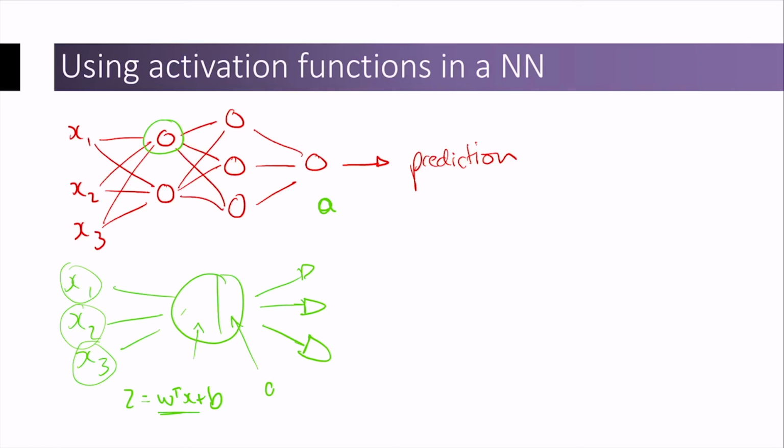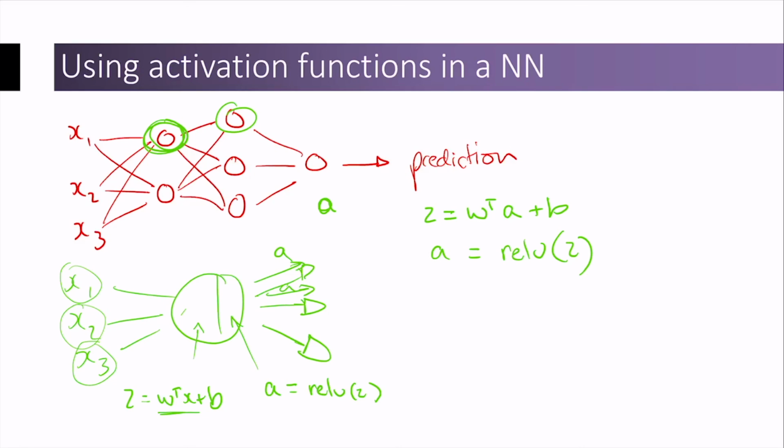And then here you calculate A is equal to ReLU of Z. And you send this A off to the next layer where it is used by this next node to calculate W transpose A, let's say, plus B, and this A comes from the previous node, and this node uses this A to calculate its A, which is ReLU of Z again, and then so on and so on.